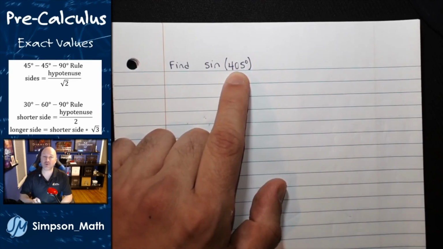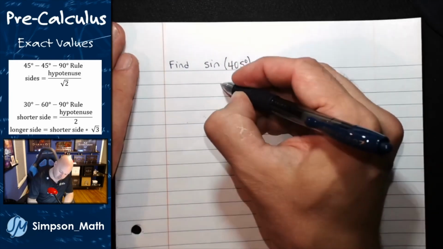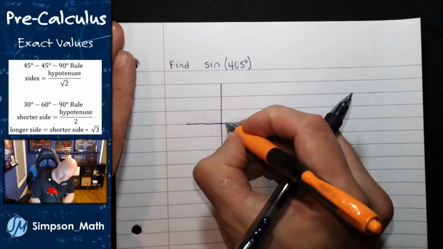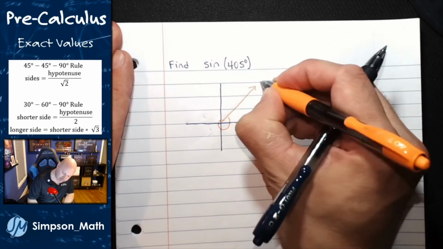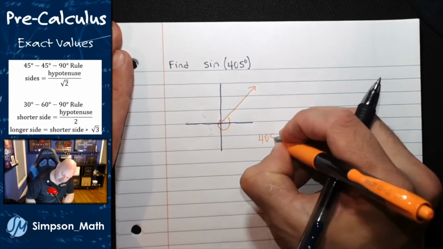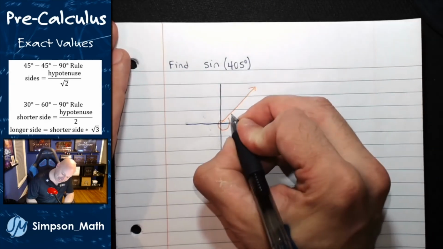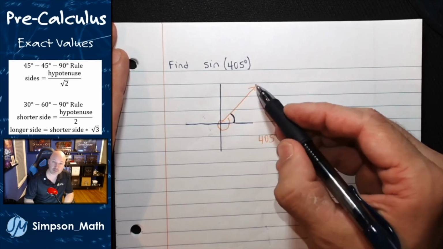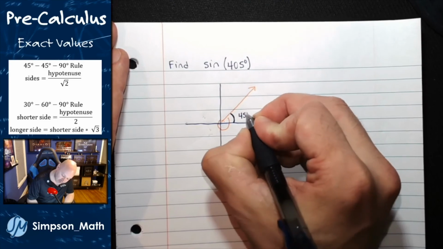And what I'm really looking for now is a reference angle for 405 degrees. Cartesian plane. 360 plus another 45 will get me to this 405 degrees. The reference angle is this positive acute angle formed by the terminal side and the x-axis. It has a reference angle of 45 degrees.